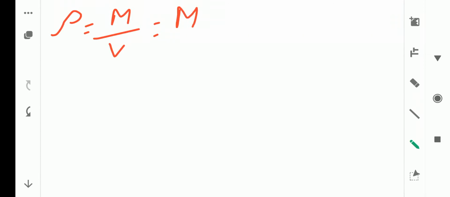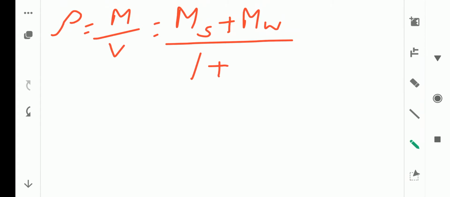Let us move ahead. Now, bulk mass density, which we denoted with rho, we said is total mass by total volume of the soil. Now, what is the total mass of the soil? Don't you think that total mass of the soil is equal to mass of the solids plus mass of the water, divided by total volume? What is the total volume in this case? We have seen it earlier. It is 1 plus e. Correct?